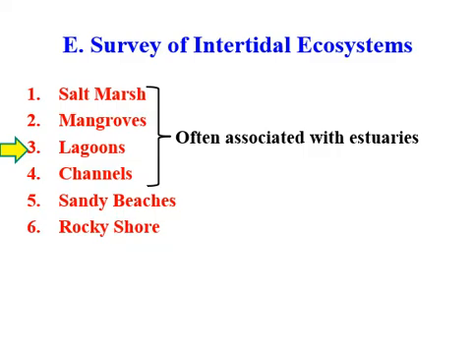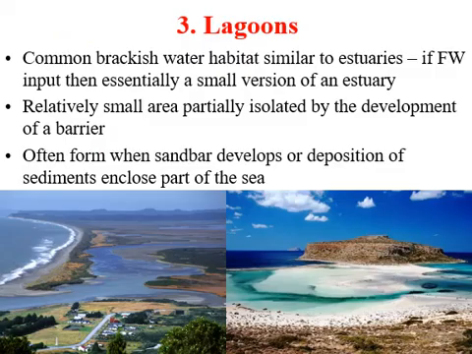And now we're talking about intertidal ecosystems, not in very much detail at all, that are set aside physically from the rest of the ocean. So if you go around the ocean, there's a lot of small bodies of water that are set aside from the main part of the ocean that would qualify as lagoons.